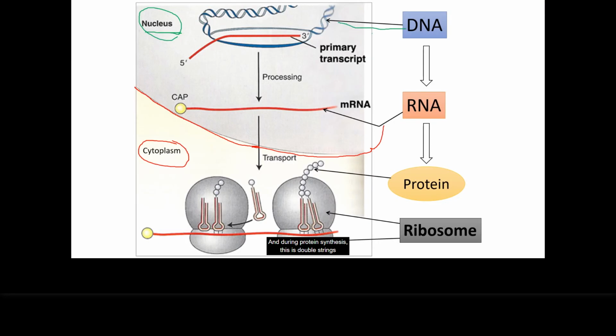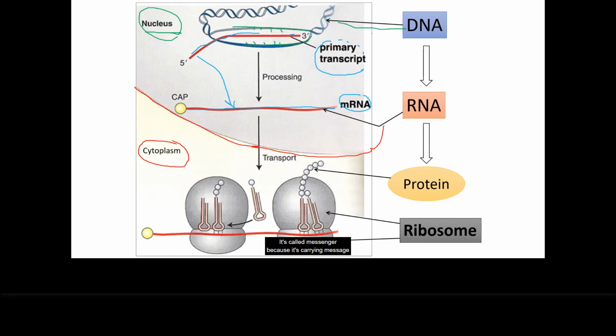During protein synthesis, the two strands of the DNA will open in a fork like this, one and two strands open. And based on these different nucleotides, mRNA will be produced. This is just the primary transcript, here the red one. And then after processing, it will be the long red one. This is our messenger RNA.